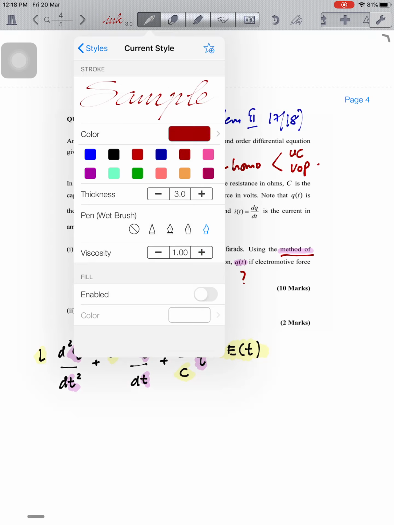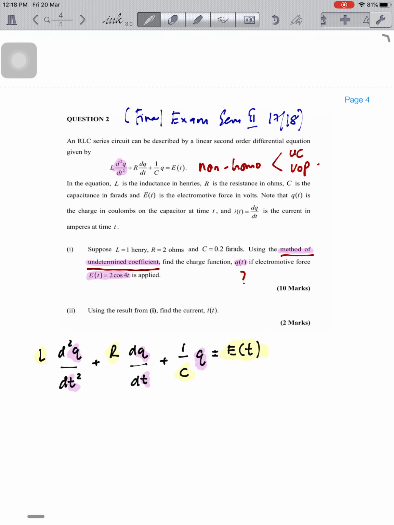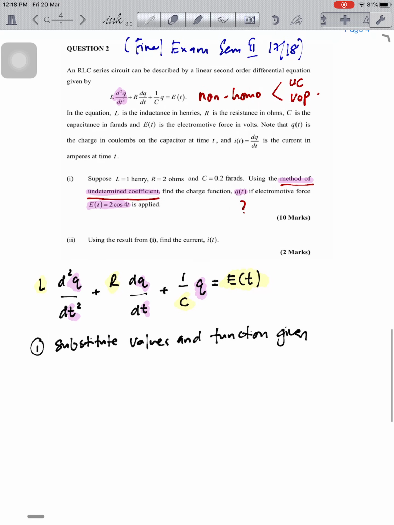Okay, so step number one is, we are going to substitute values and function given. So for L, the value is going to be 1 henry, so that is going to be 1 d square q over dt square, and R is going to be a value of 2 ohms, so that's 2 dq over dt.